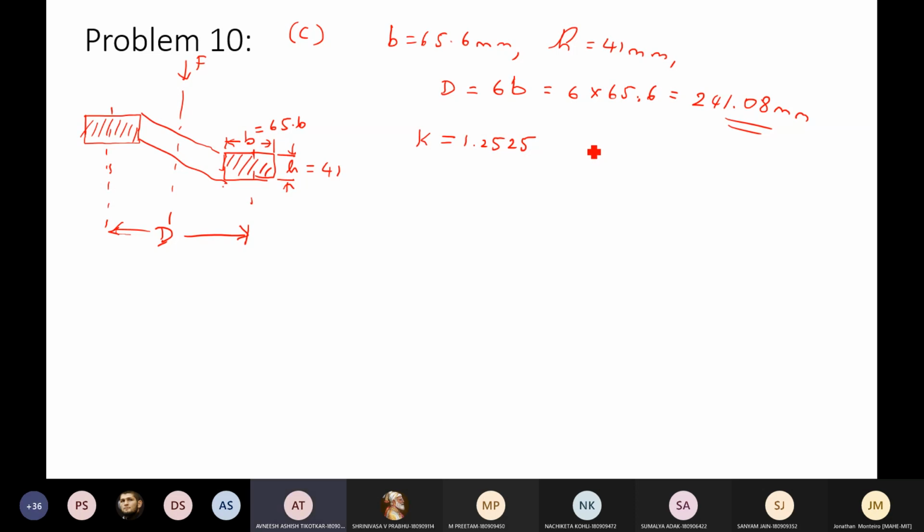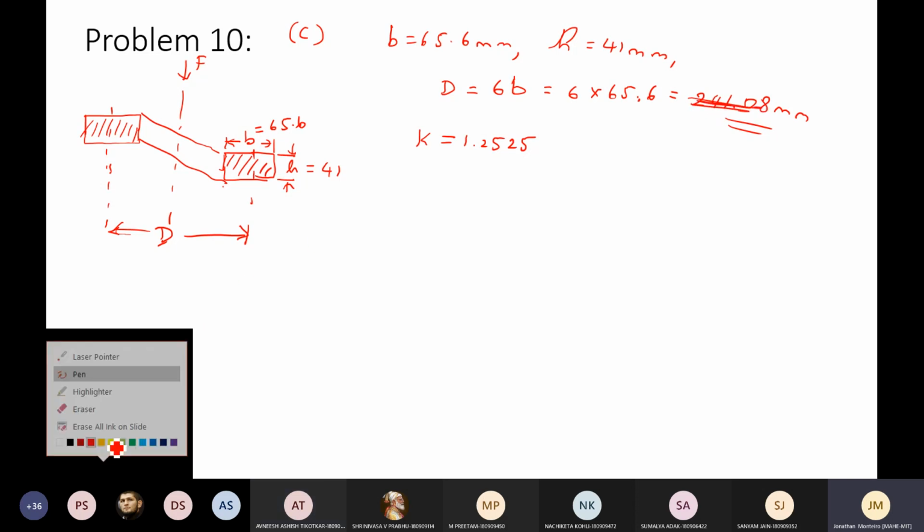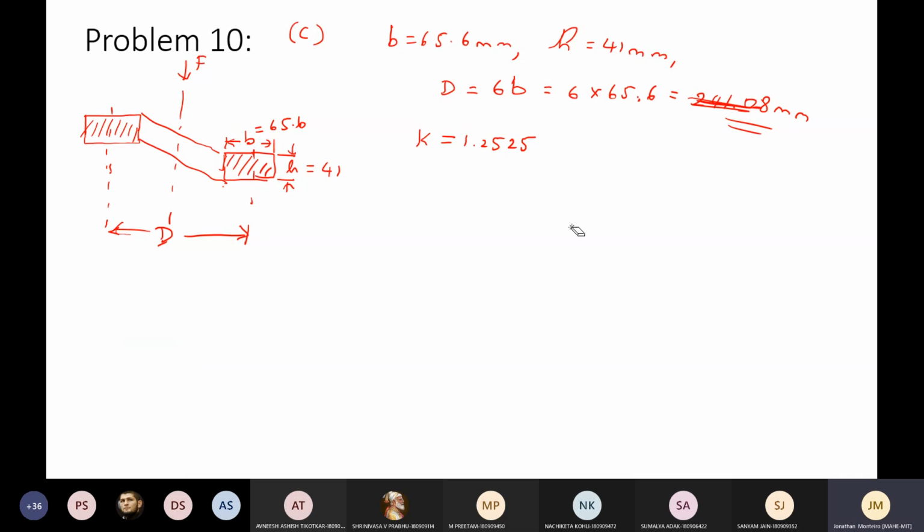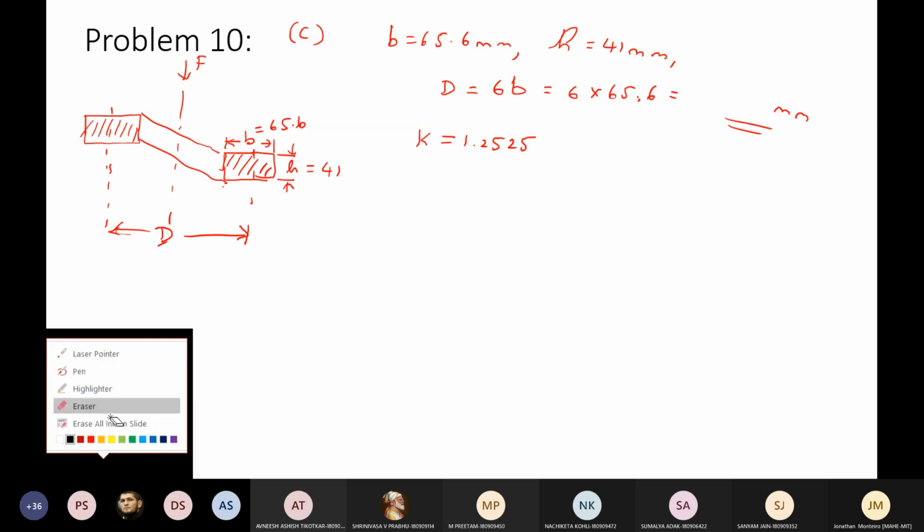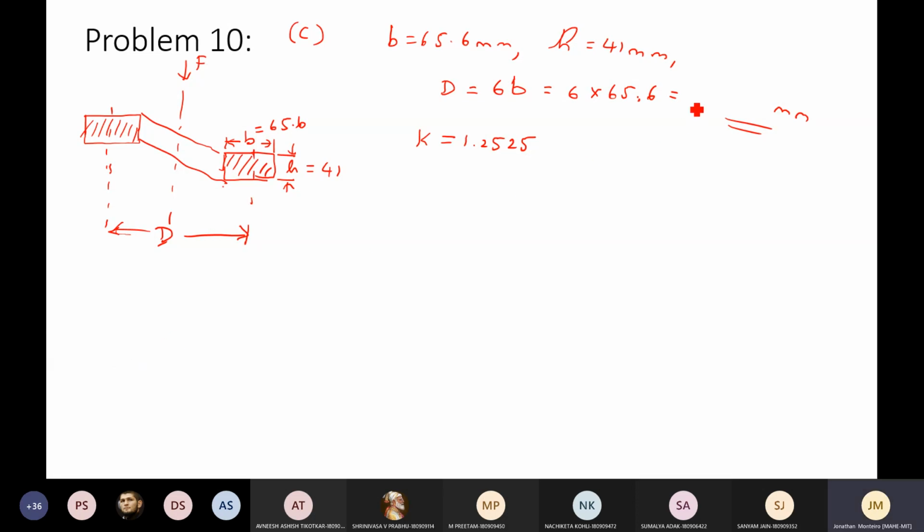It's coming 393.6. This one is it? This one, yes, okay. Yeah, correct. Sorry, maybe some mistake from my side. D is 393.6.